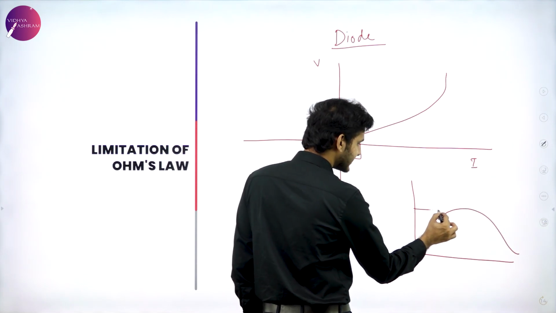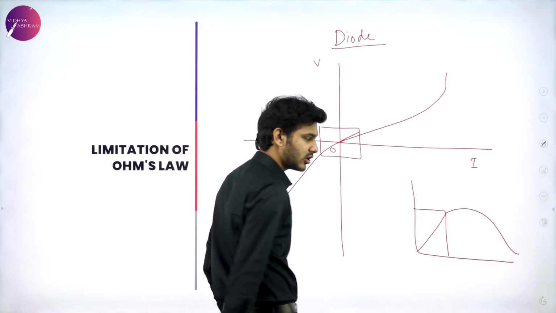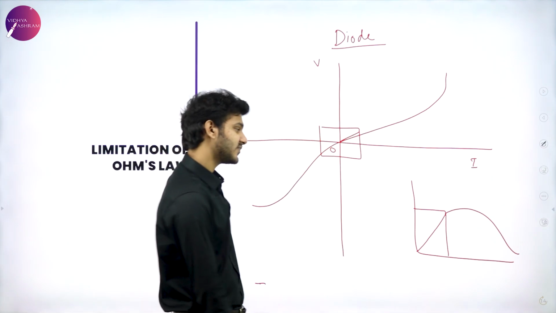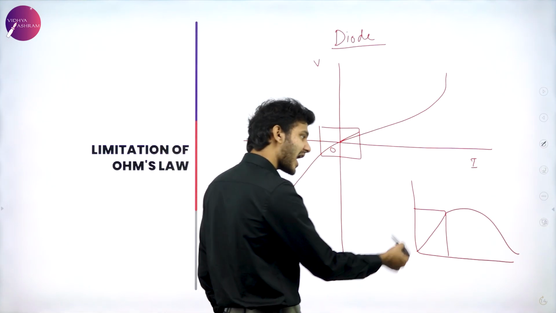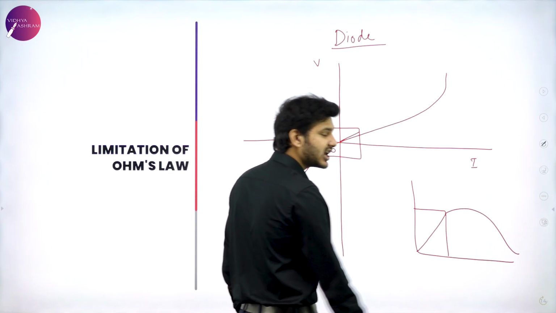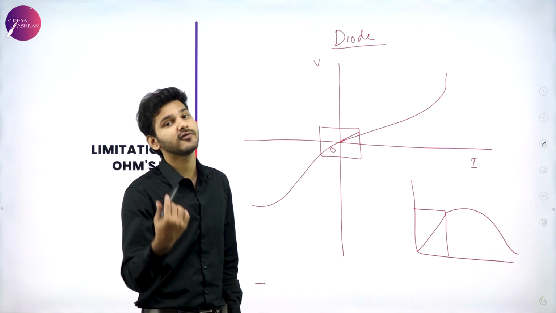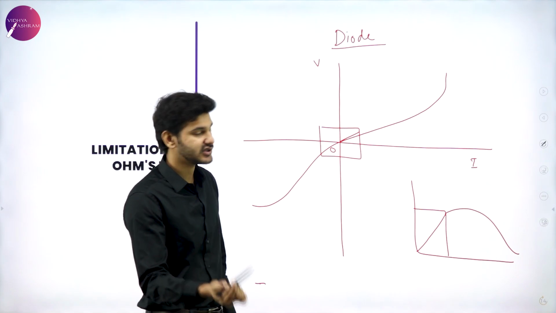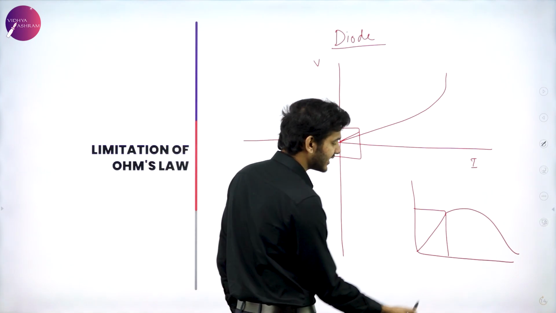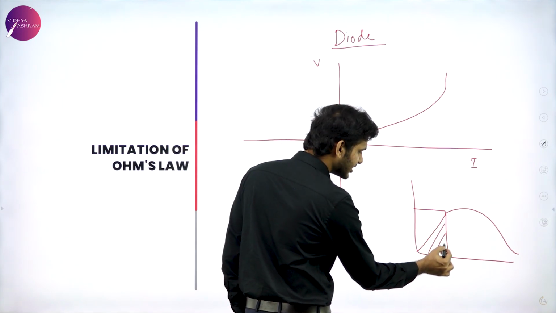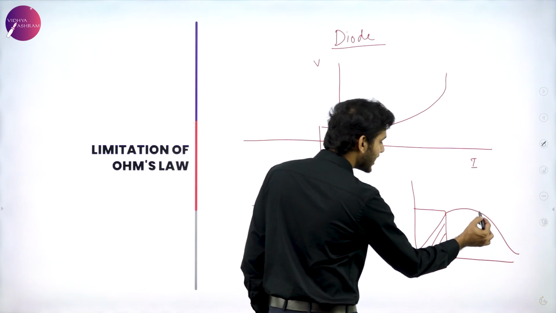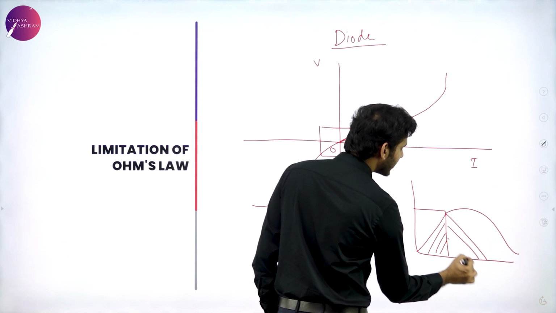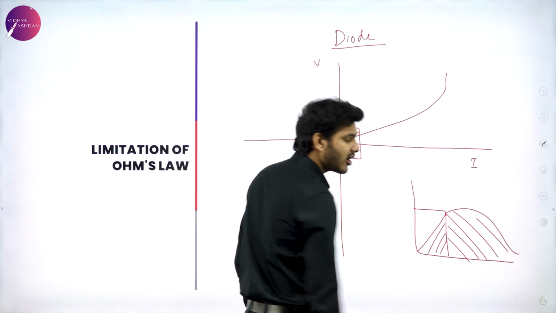So at low values of voltage and current it does follow Ohm's law, but after that there becomes a region where Ohm's law is not being followed. This is known as the negative region. So we can simply say that there is an ohmic region where Ohm's law is followed and a non-ohmic region where Ohm's law is not being followed.